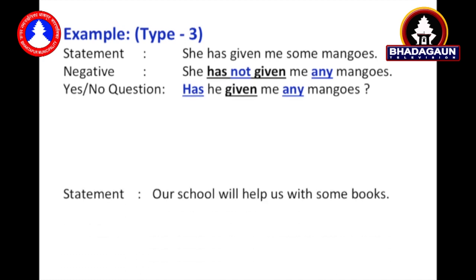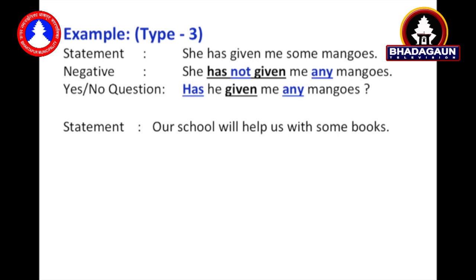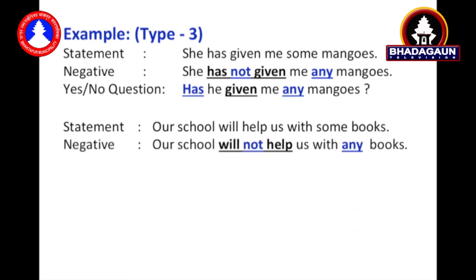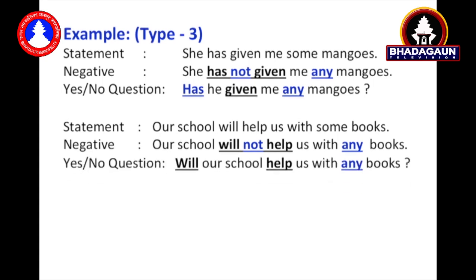Okay, let's take another example. Our school will help us with some books. And here also we have an auxiliary verb, that is will. And we add not next to the auxiliary verb will, and its negative is: our school will not help us with any books. Now again here some books is changed into any books, and its question is: will our school help us with any books?